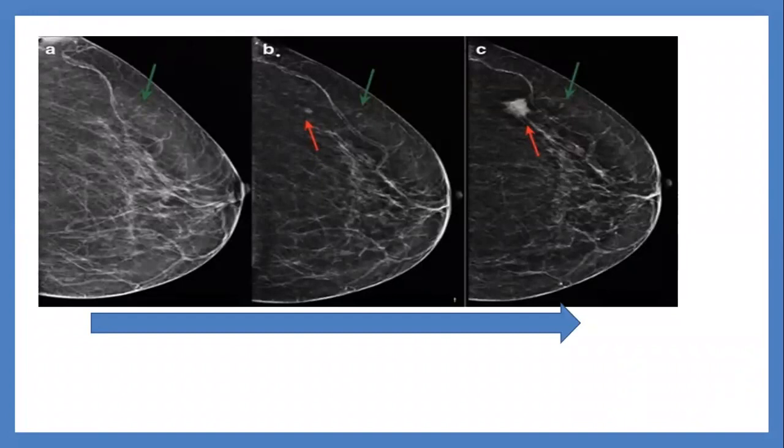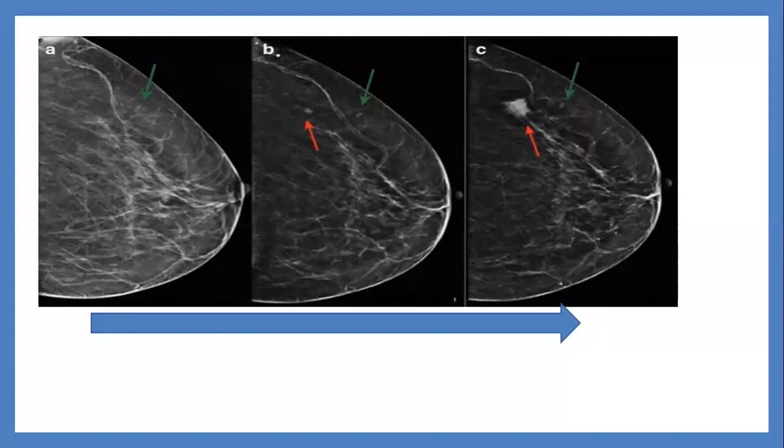But it appears that in the following mammograms, there is another associated feature in the form of focal density. We call it what? By now, we have to describe following the BI-RADS lexicon.